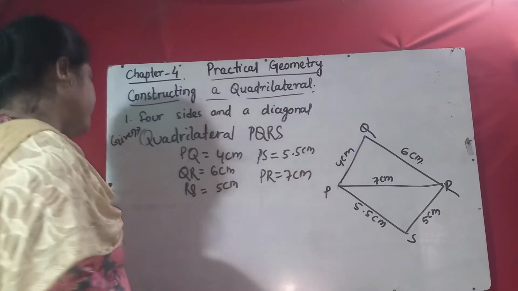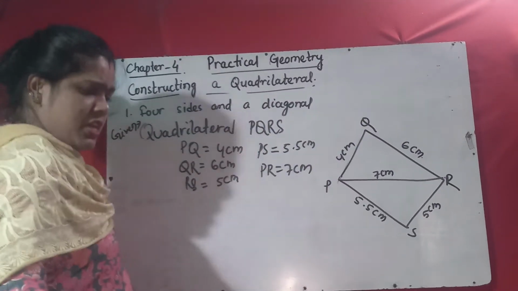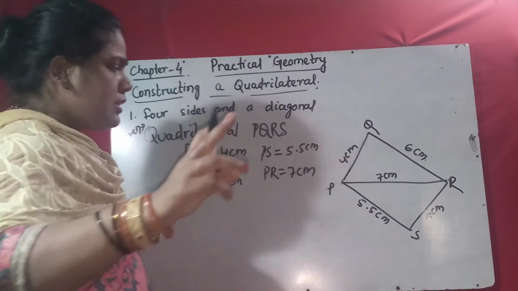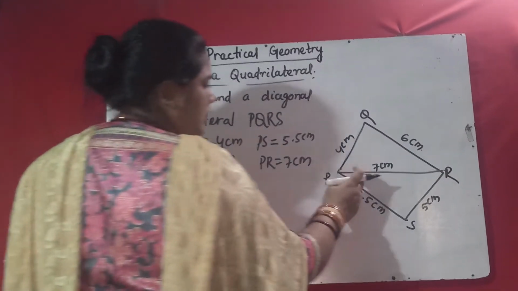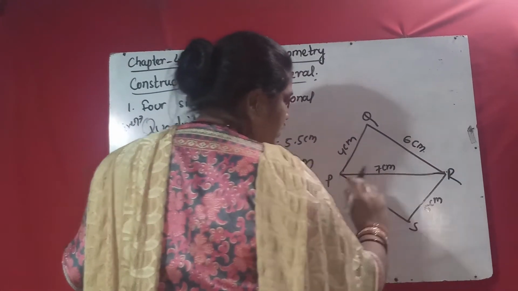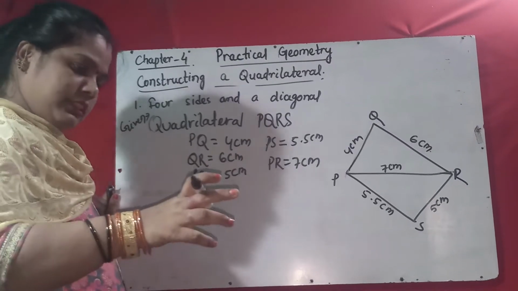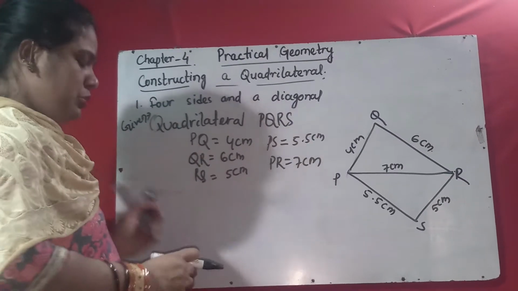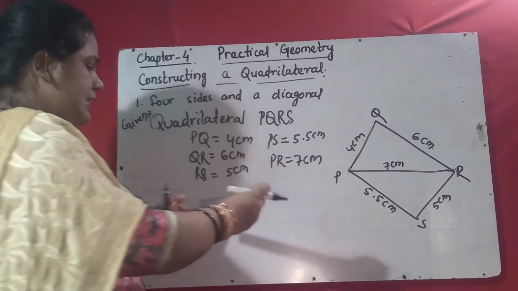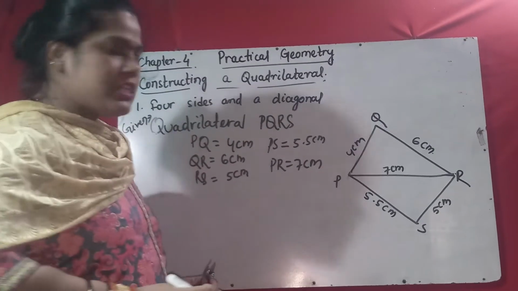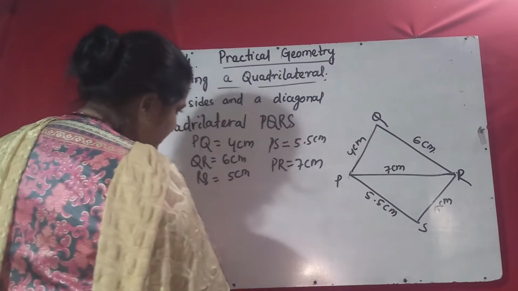So first the construction, how do you draw? First step, what do you do? First you draw the diagonal. What is it? PR. So when you draw a straight line also, you should not directly use the scale to draw.